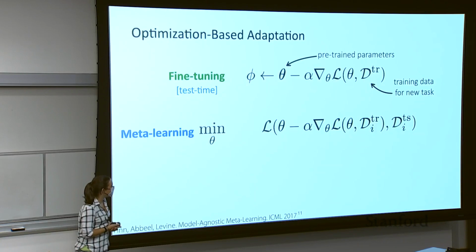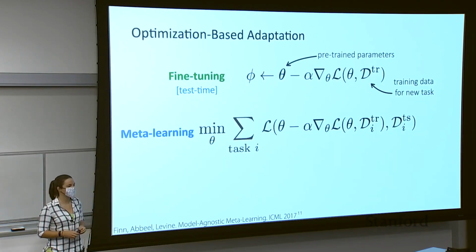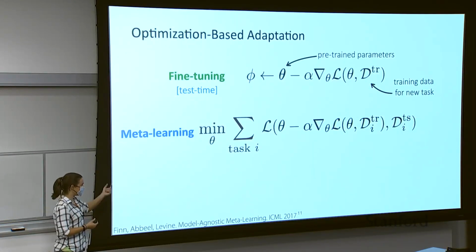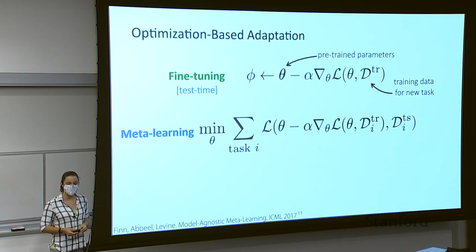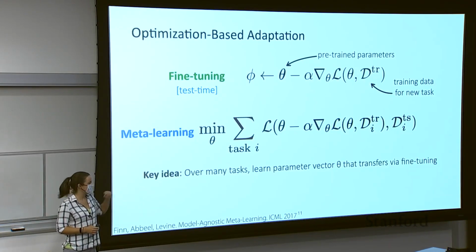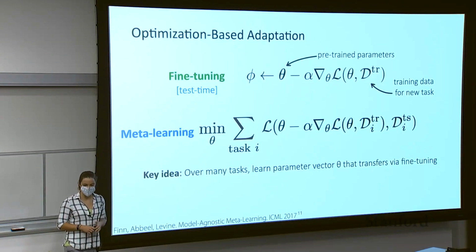And we'll be doing this over all of the meta-training tasks so that, hopefully, given a new task, that set of pre-trained parameters works well for new related tasks. So really the key idea here is to learn a parameter vector theta that transfers very well with fine-tuning, even when fine-tuning operates with a very small data set.